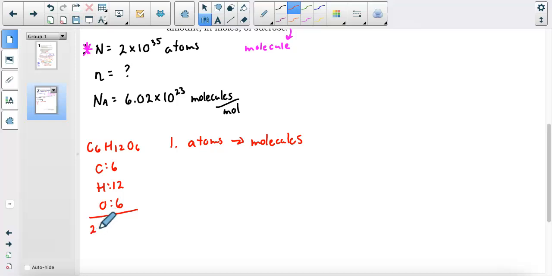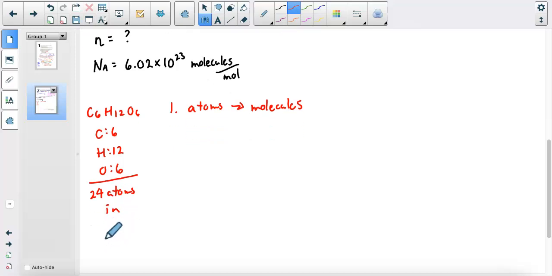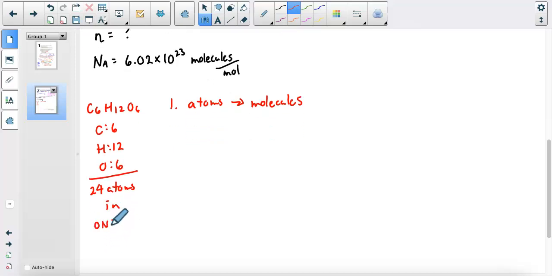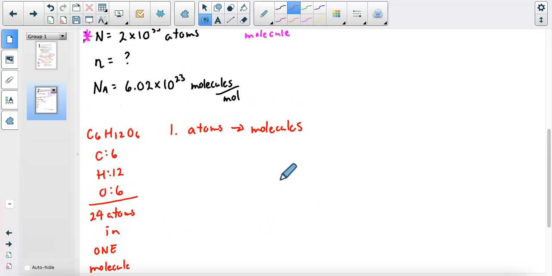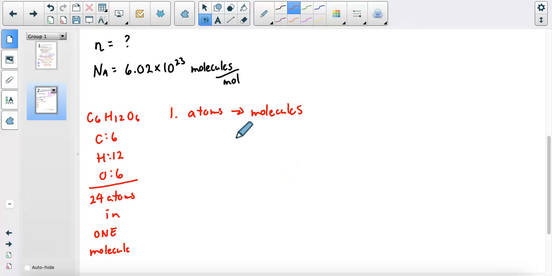So in total, we have 24 atoms in 1 molecule. Okay, so this is the unit conversion that we're going to perform. Okay, so we need to find the number of molecules. So what we have is X molecules is what we're looking for.